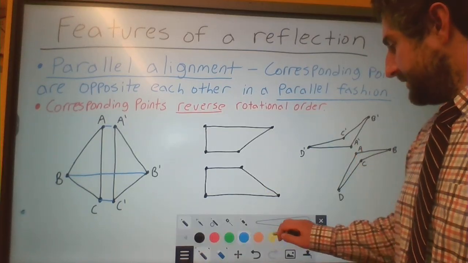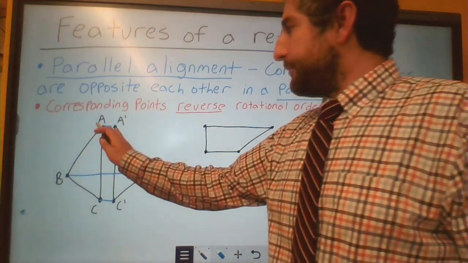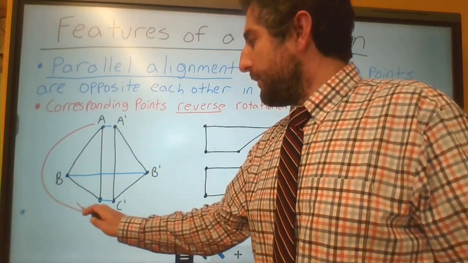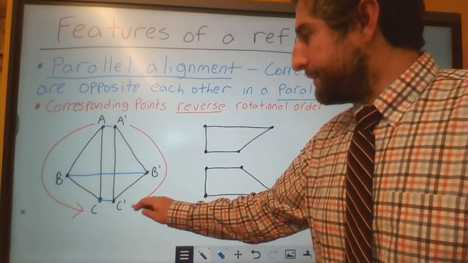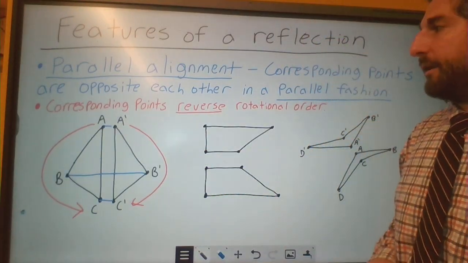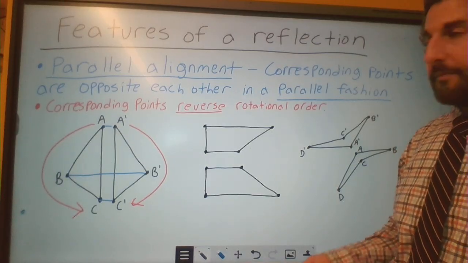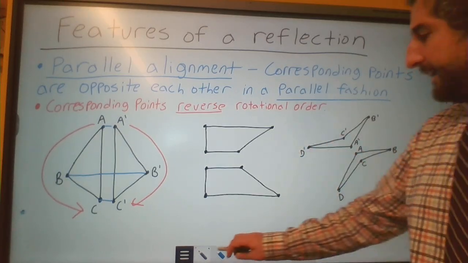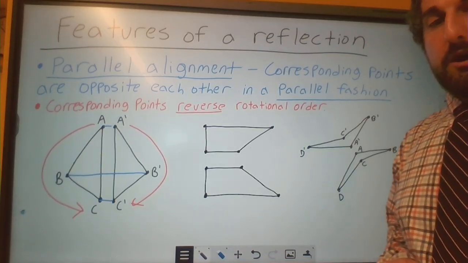Furthermore, if we're talking about the rotation of the order, ABC is going counterclockwise, whereas A prime, B prime, C prime is going clockwise. Reverses the order.